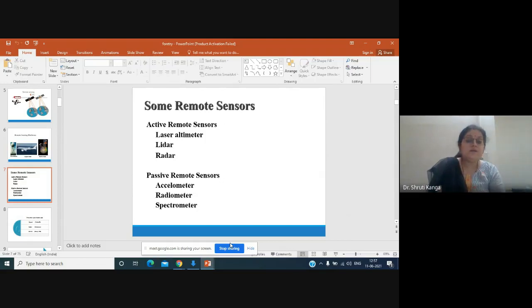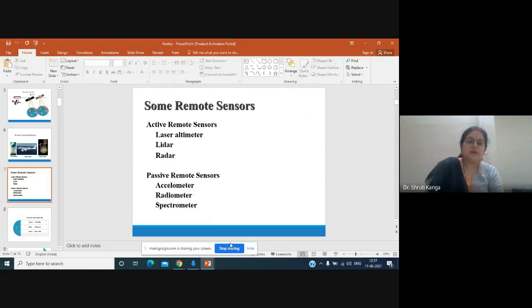Now there are some sensors which also play an important role in capturing these remote sensing data sets. One is the active sensors, which includes the laser altimeter. This is the basics which you need to know before we have an idea about the relationship of remote sensing in forestry and ecology.